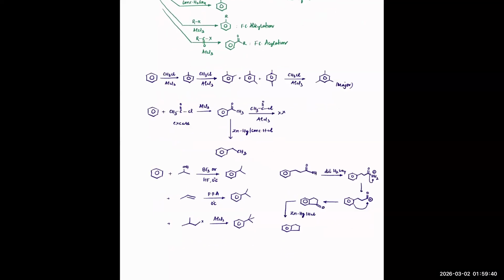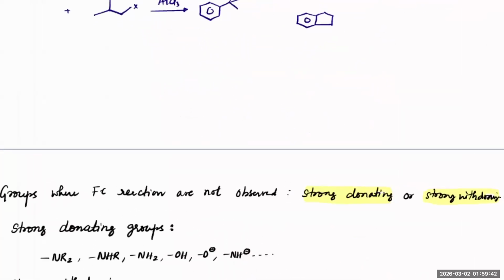Okay. Now, before going further into details about why in certain cases Friedel-Crafts reaction works and in some cases does not work, or in general in which cases EAS reactions work, first you need to understand one thing.